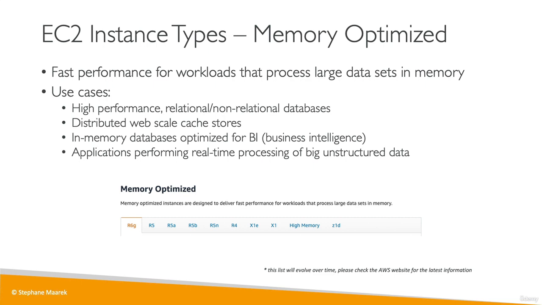For the names, there's the R series because R stands for RAM, but also X1, High Memory, and Z1. Again, you don't need to remember the names of the instances, but it's good to know at a high level.